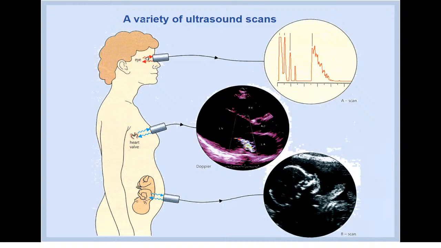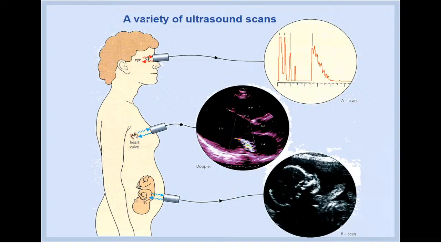Ultrasonics offers a method of investigating objects internally without causing any damage. It is widely used in medicine, and this diagram illustrates the areas that might be investigated by ultrasound. An ultrasound beam is directed into the body.